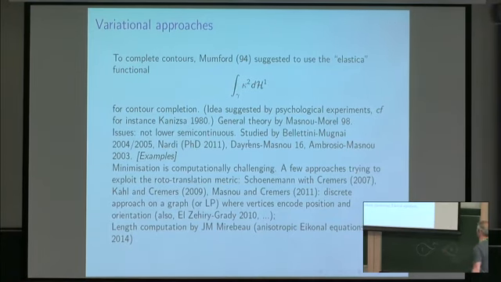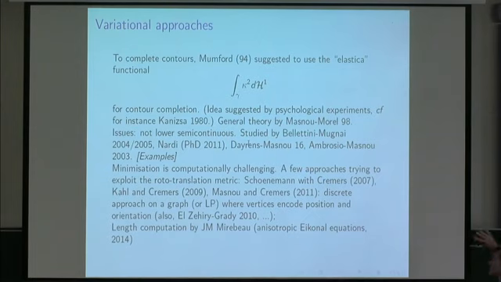So that makes the things a bit complicated to study. And also the minimization is difficult. And in fact, there are a lot of works which do quite a good job in the completely discrete setting. So there has been this series of work by Schoenemann, who was a student of Daniel Cremers, and he has done work with Cremers, Kahl, Masnou, Simon Masnou.